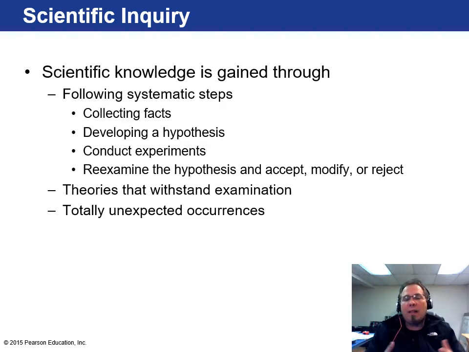Now, what a lot of people who might not be in the sciences don't understand is that scientists publish papers in these journals. These journals don't allow just anybody to publish. Those are what are called peer-reviewed journals. What that means is when you submit an article to a journal, they give it to three, four, five people that you have no idea who they are.